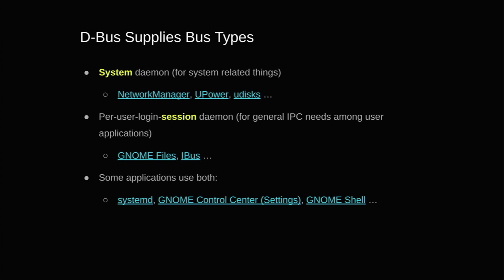It is for general IPC needs among user applications. For example, GNOME Files, and if you are a non-Latin language user, you need input method engines such as IBus. And some applications use both. For example, systemd, GNOME Control Center, also known as Settings, the GNOME Shell, and more others.